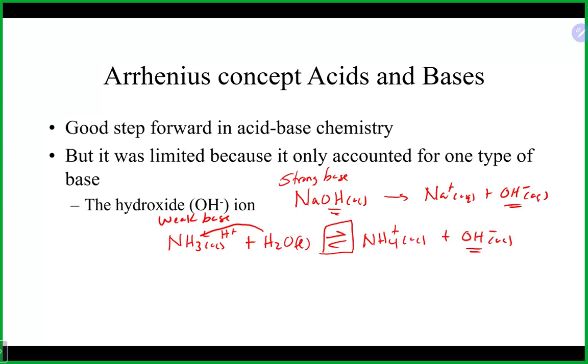And that happens here as well with something like ammonia, which is a weak base. It has the ability to produce hydroxide, but it's got to do a little work to do so, and it will not produce anywhere near the amount of hydroxide in that solution compared to sodium hydroxide, which just has to go in for a swim and it's just going to release that OH minus. Ammonia has got to go find some water, do a little reaction with it to produce the hydroxide.